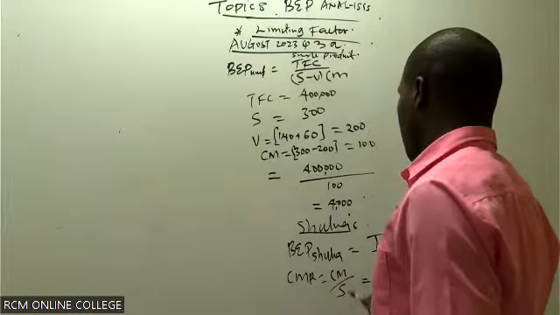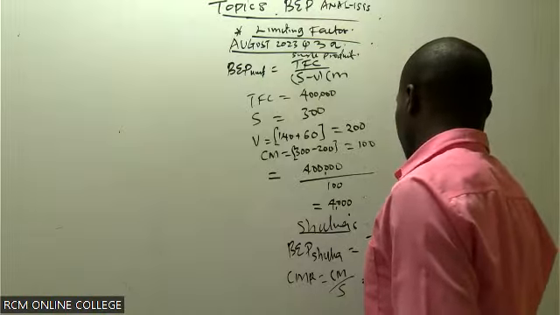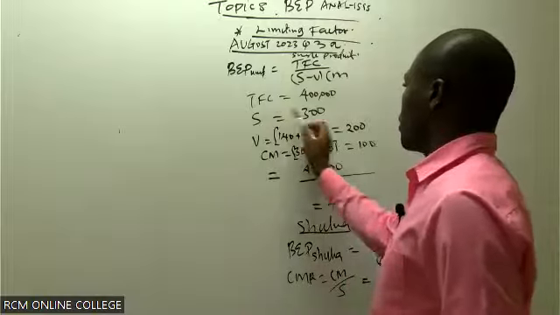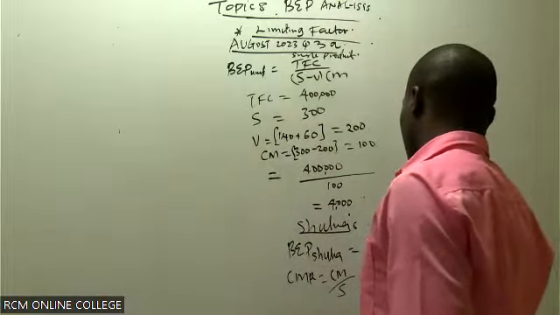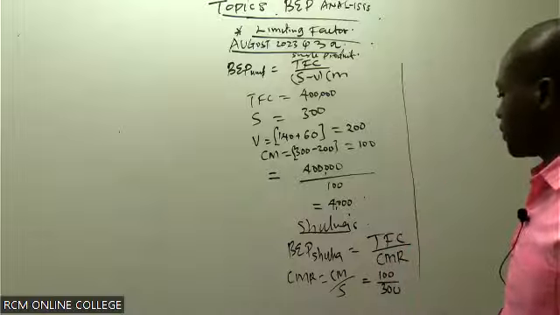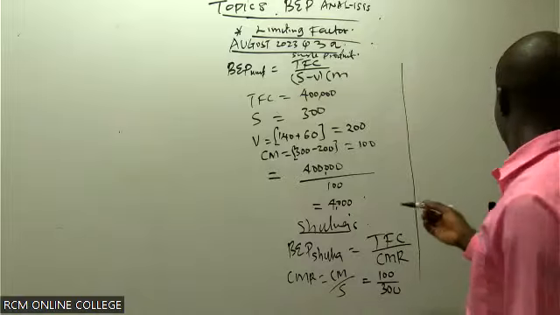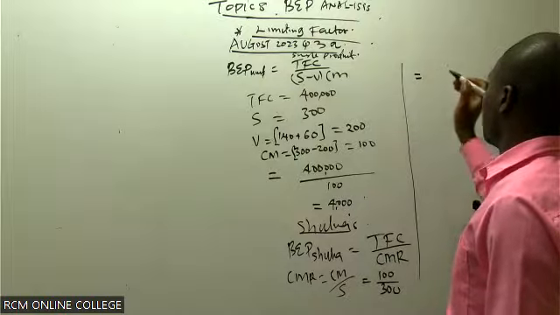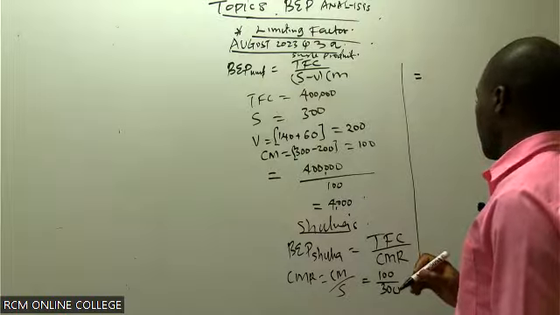Do we have the two? Yes. Contribution margin is 100, then sales is equivalent to 300. If that is divided, what will you have?